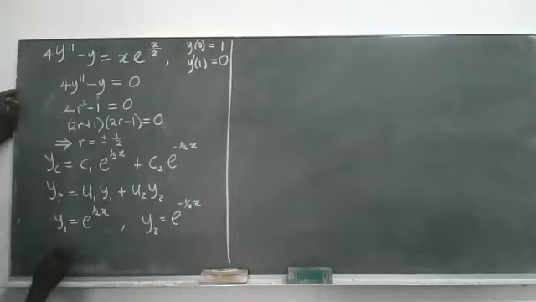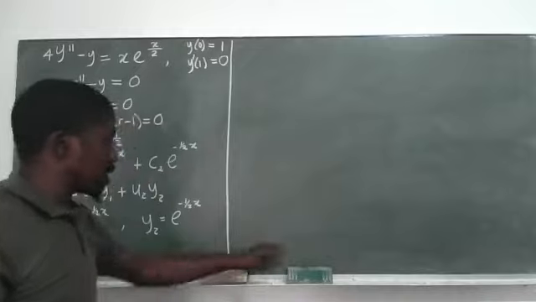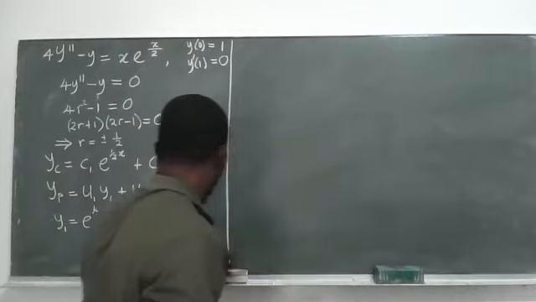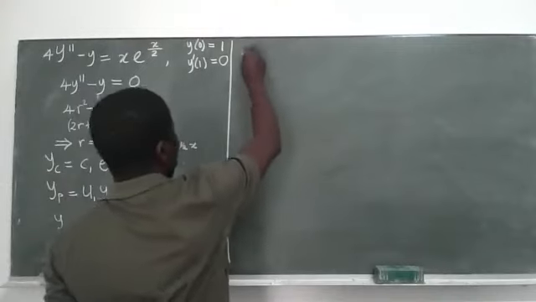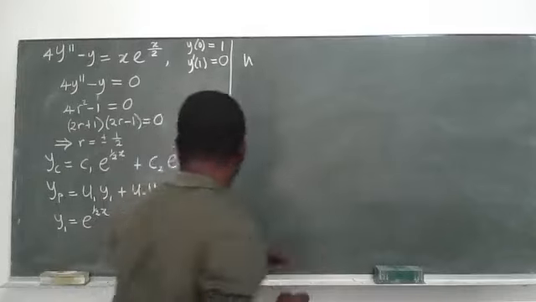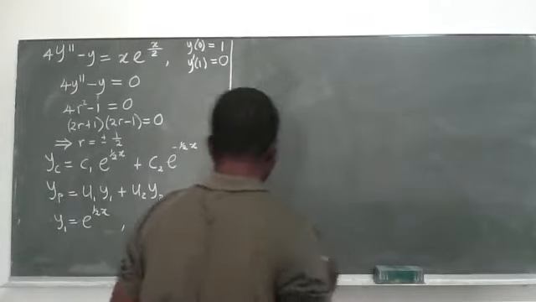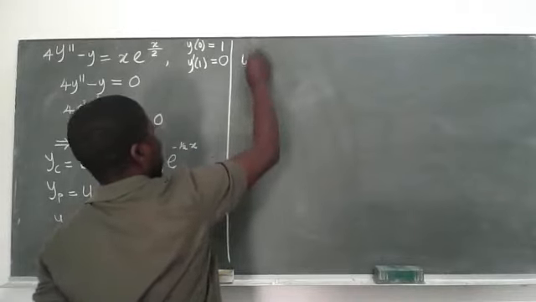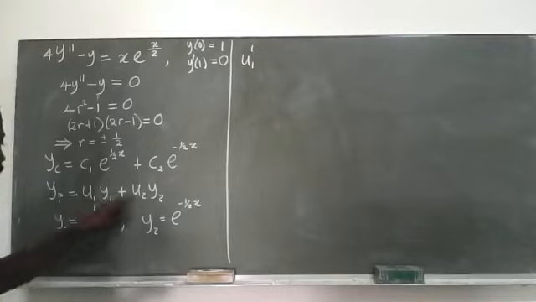So now I need to explain something. Some people were just asking me about the Wronskian. Before I write the formula for the Wronskian, I need you to appreciate that u1 and u2 are functions, right?